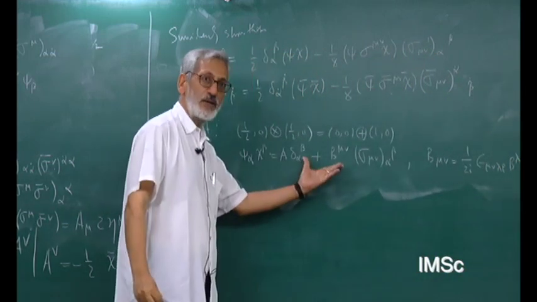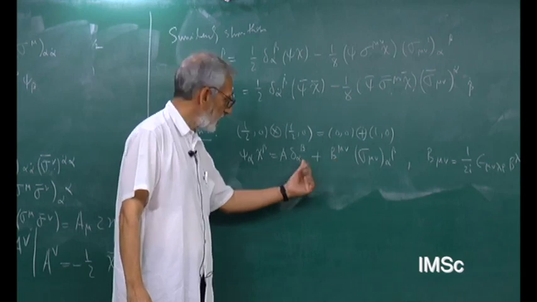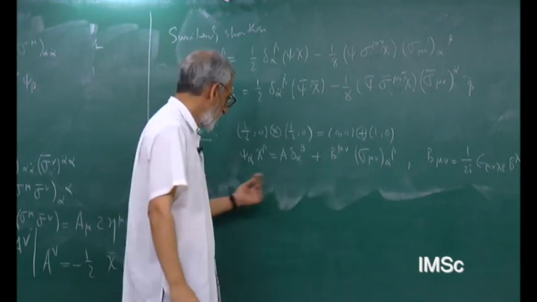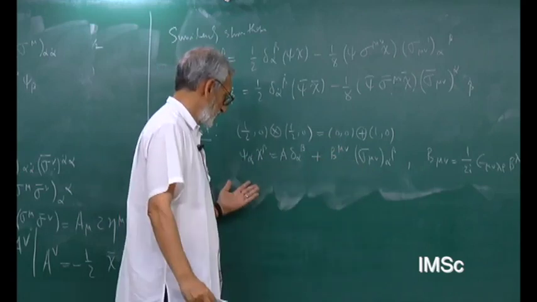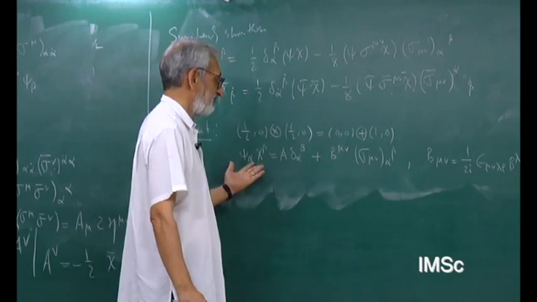This is the most general thing you can write. Then solve for A and B coefficients by multiplying by sigma mu nu, or just simply take the trace.